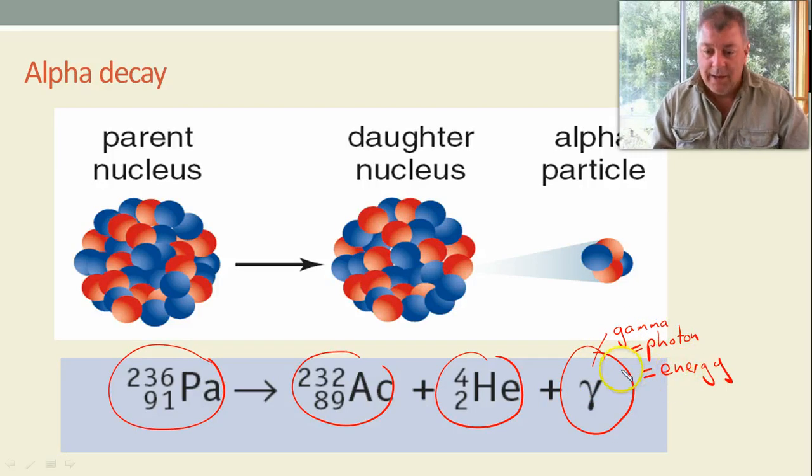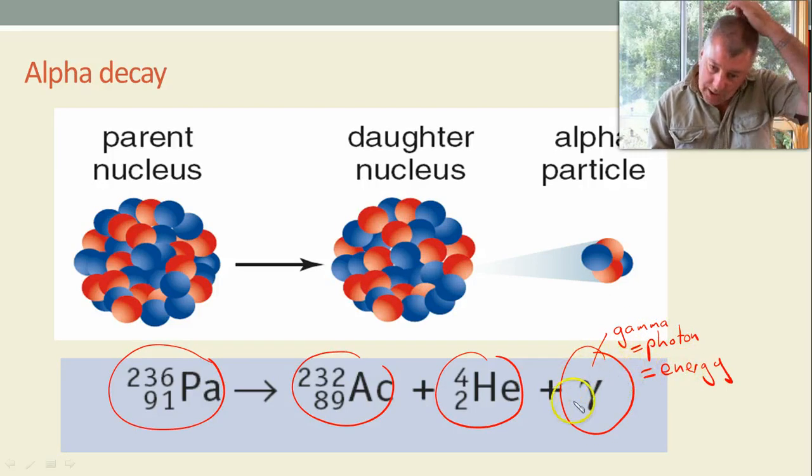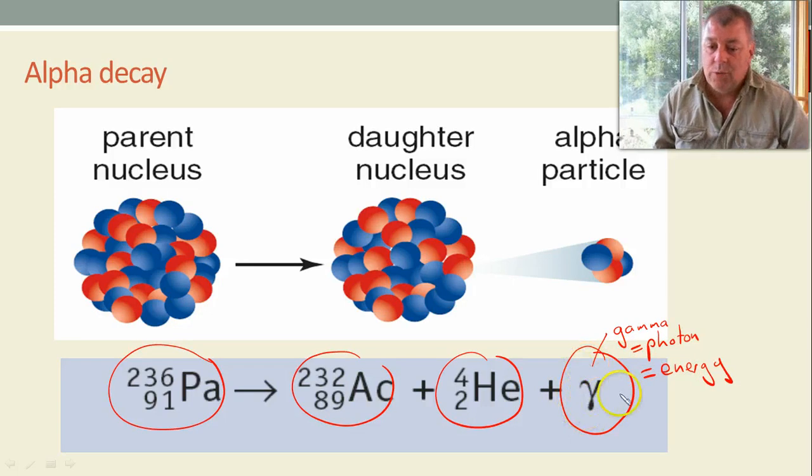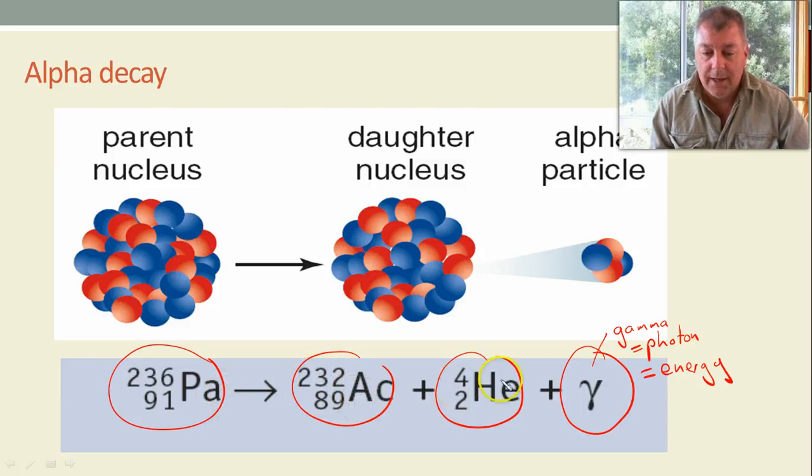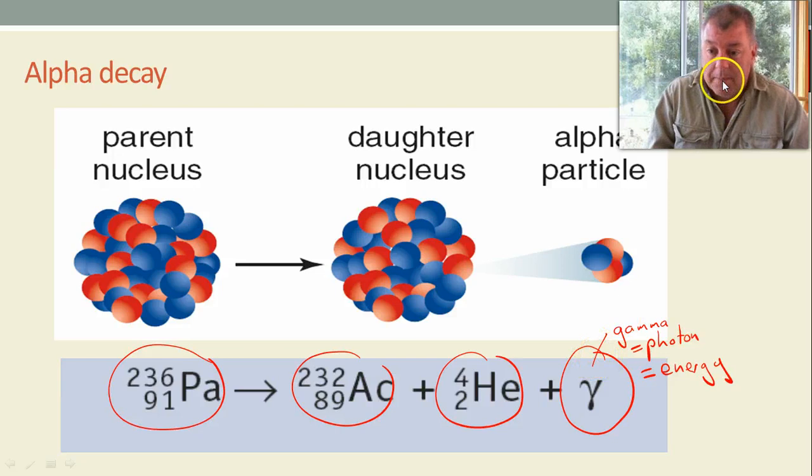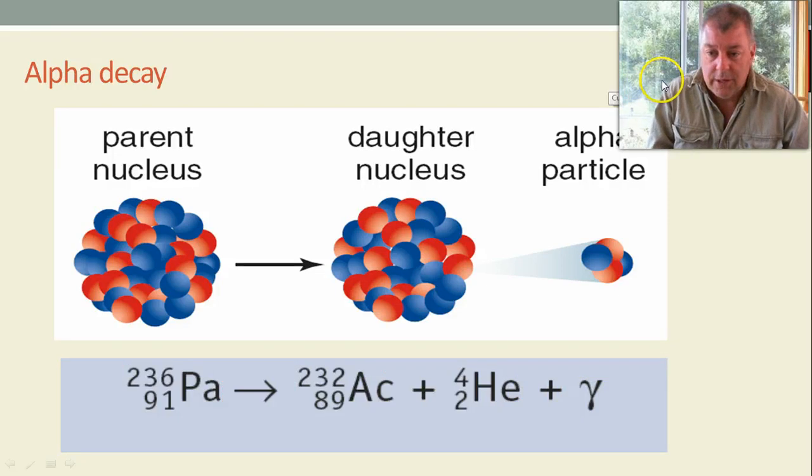That's all that's saying. Now most of the time we don't write that, but I would recommend that you start writing it in whenever you're doing alpha and beta decay. You just add in that just to denote that you know that it's there. Not everyone expects you to write it, but it's good practice to do it.